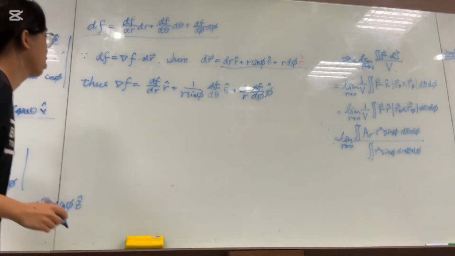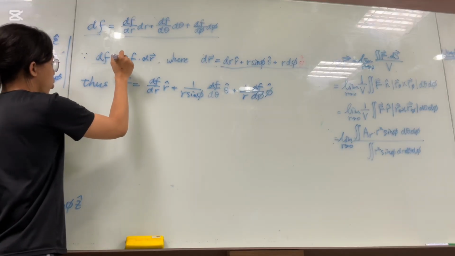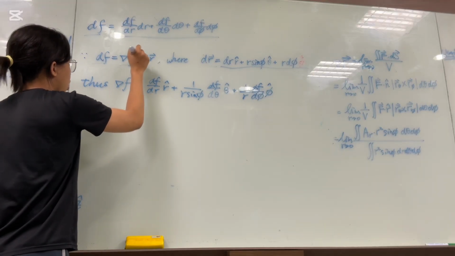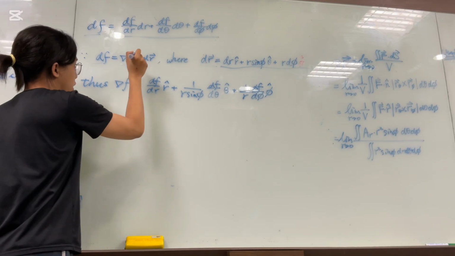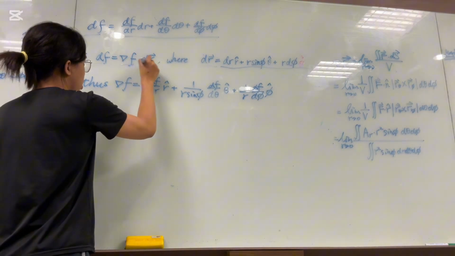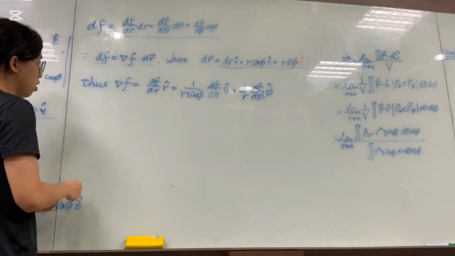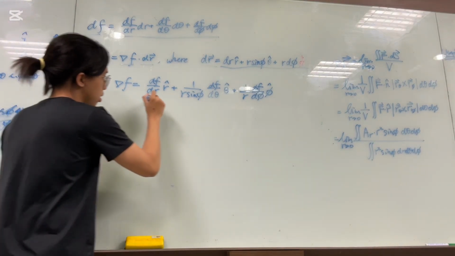And since we know these two, and we know df is the dot product of gradient f with dr, so we can know that gradient f is this.